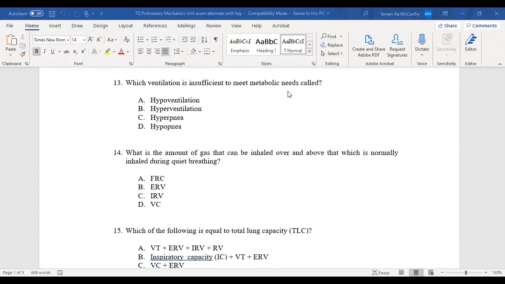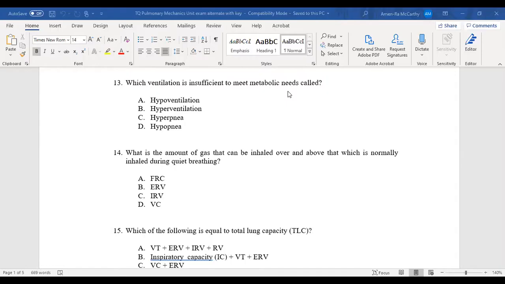Insufficient to meet metabolic needs means I'm not ventilating good enough. My metabolic needs are to get rid of this CO2, and if I'm not getting rid of it, what's that called? Good, Kayla. That is hypoventilation. Hypoventilation, guys.